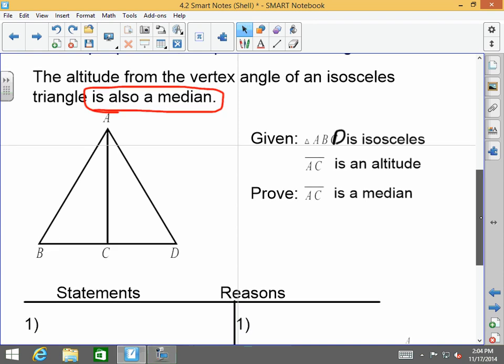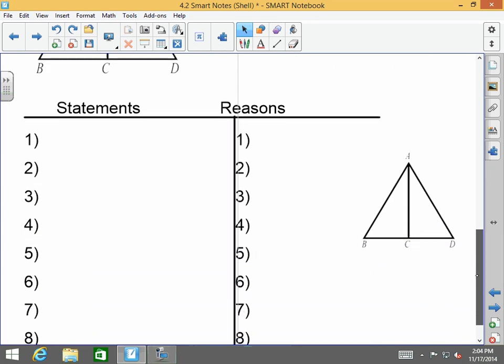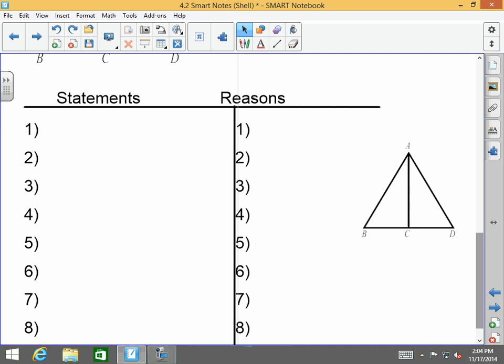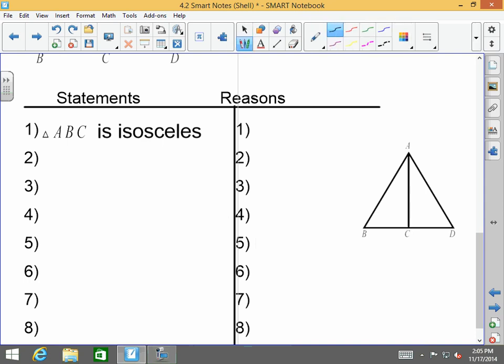Okay. Now, like always, I drew it out for our proof. And let's start. Our given, which is wrong, of course, because Mr. Morrow is just not labeling his triangles correctly. ABD is isosceles. Bam. That's a given right off the bat.